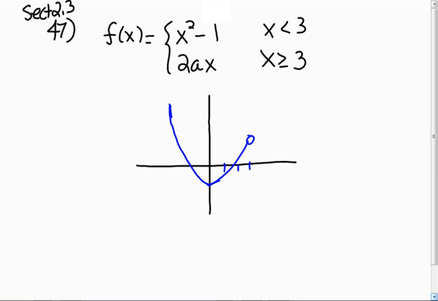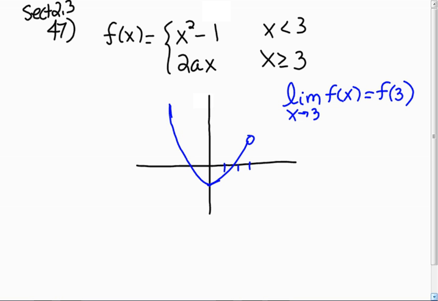What's this graph going to be? A is a number. It's just going to be a line. I want them to connect. And you remember that the limit as x approaches 3 from both sides of f of x has to equal f of 3. So I have an equation I can solve.